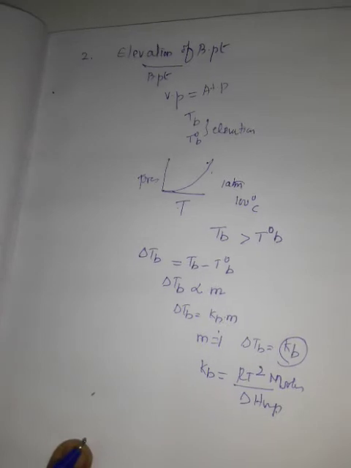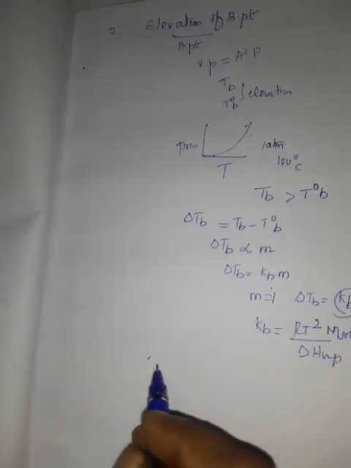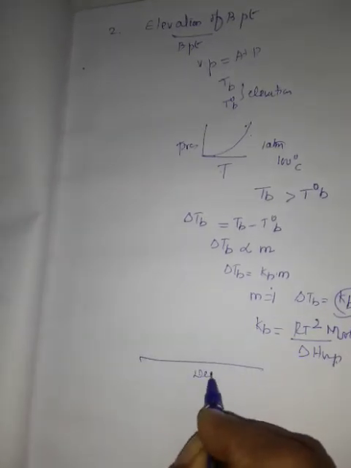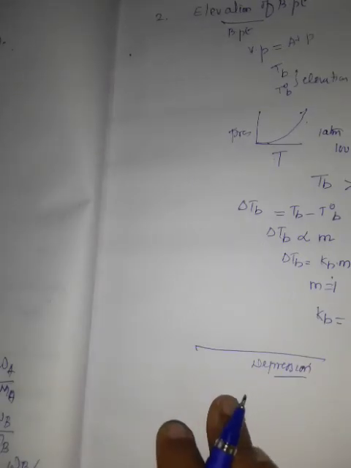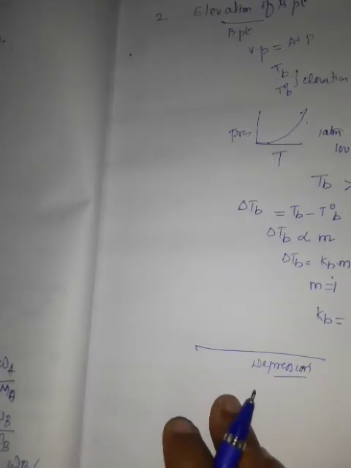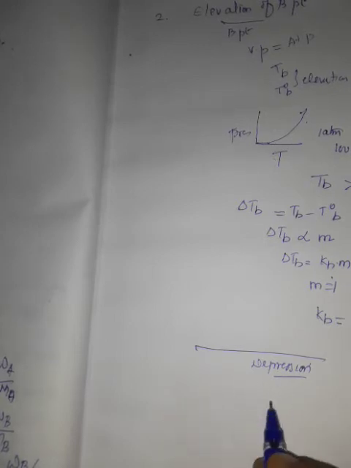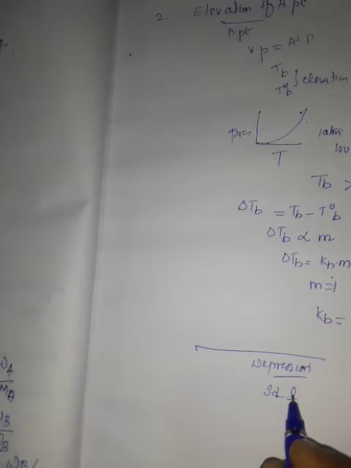Next, depression in freezing point. Freezing point of a substance is defined as the temperature at which solid and liquid states of the substance have the same vapor pressure.